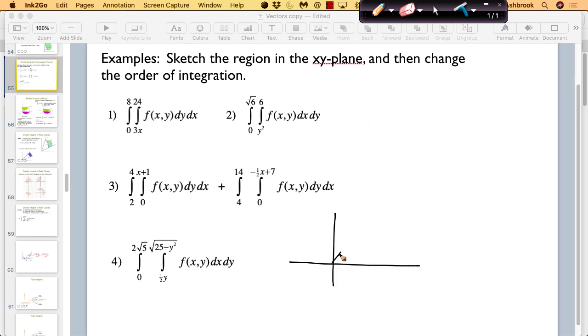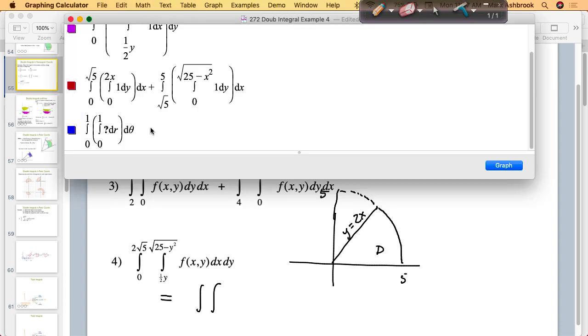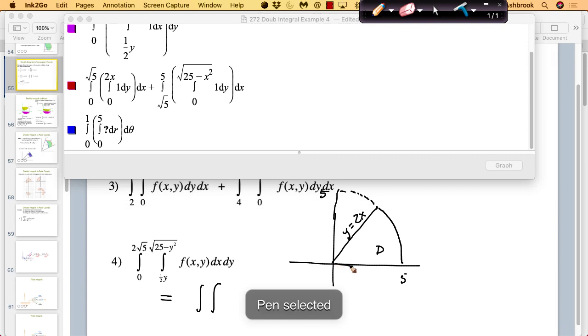So we made the picture. r goes from what to what? That's the easy part, right? So now the question is, what are our limits on the angle? It's going to go from, what's our lower angle? 0.